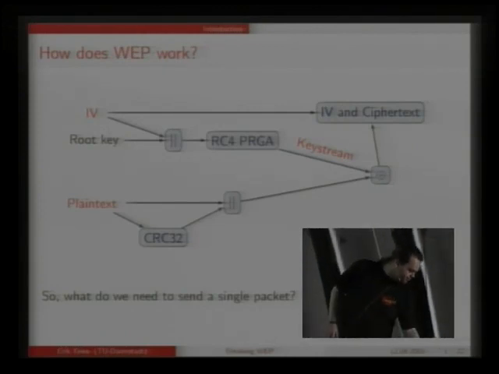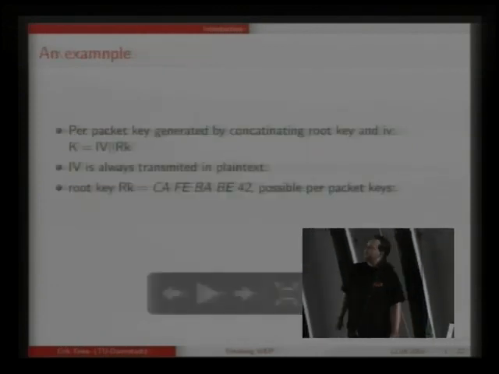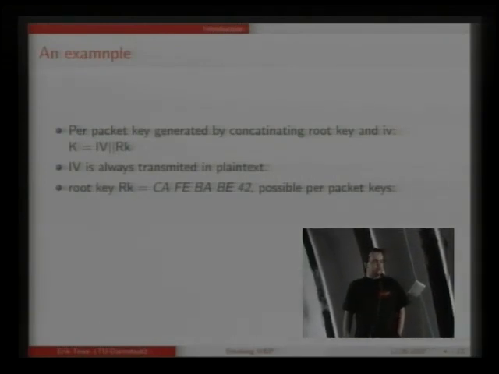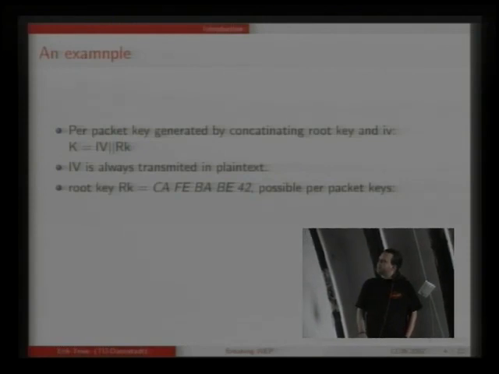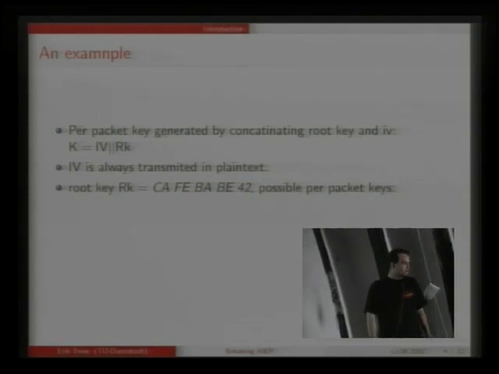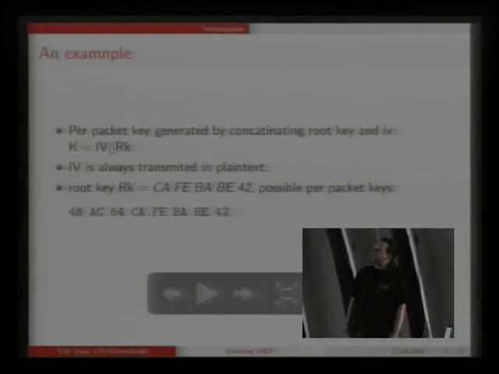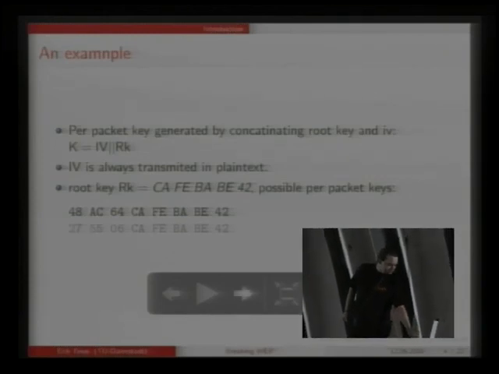So let's have a look at an example. Assuming we have chosen a 40-bit WEP key, CAFEBABE42, and then stations could, for example, choose the following per packet keys.